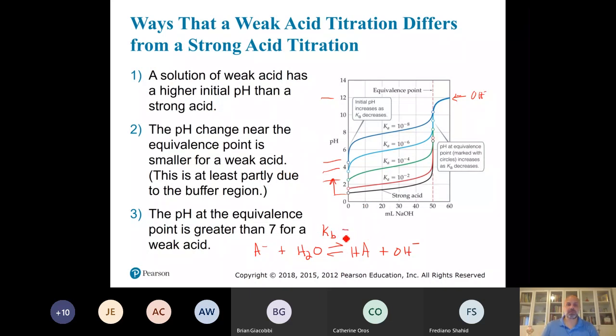That's equal to Kw divided by Ka. So the smaller our Ka is, the larger our Kb is. That means the higher the concentration of hydroxide ions in the Kb equation. We have a higher concentration of hydroxide ions, which gives us a higher pH.